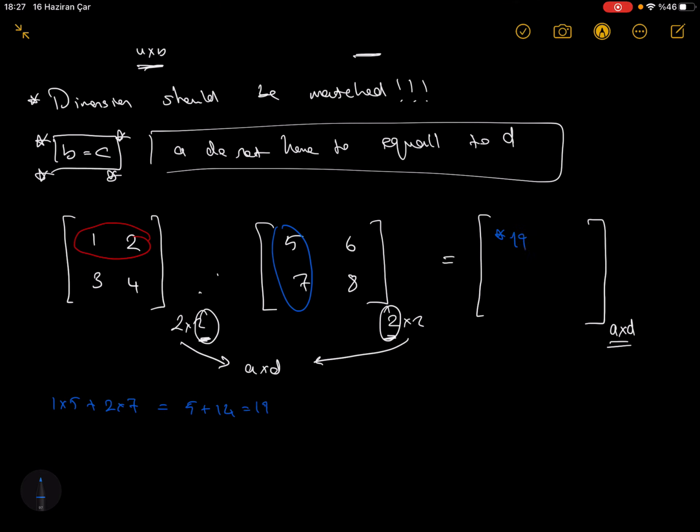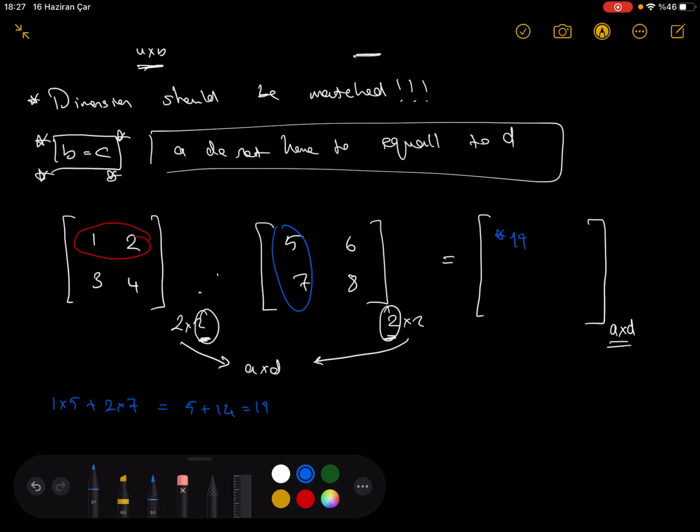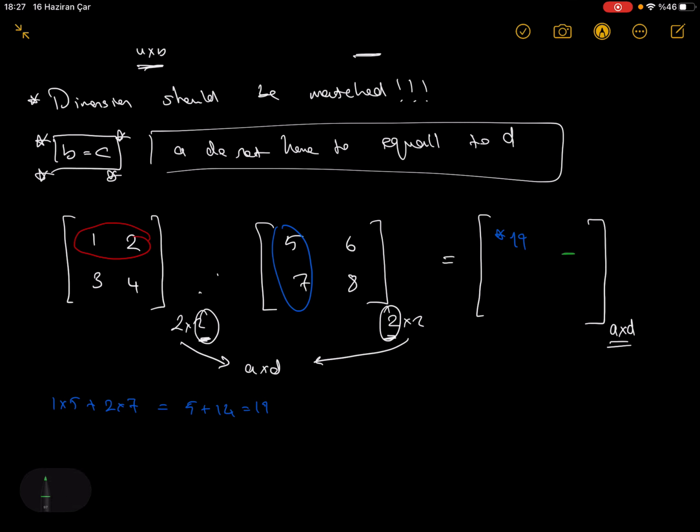Okay, and I am looking at the second cell. For the second cell, what I need to do is take the first row again, but take the second column. Okay, and this is 1 times 6 plus 2 times 8, which results in 6 plus 16, 22.